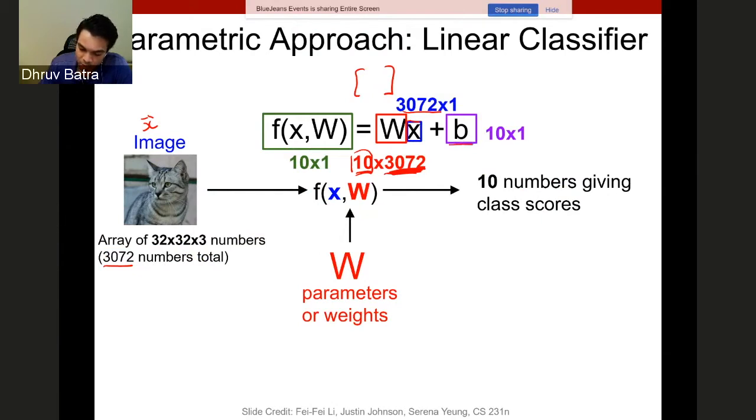B is also a vector of size 10 by 1. And this gives you S, which is a vector of length 10 by 1 again. So that's the dimensionality analysis happening here. Okay, so this is our linear classifier.